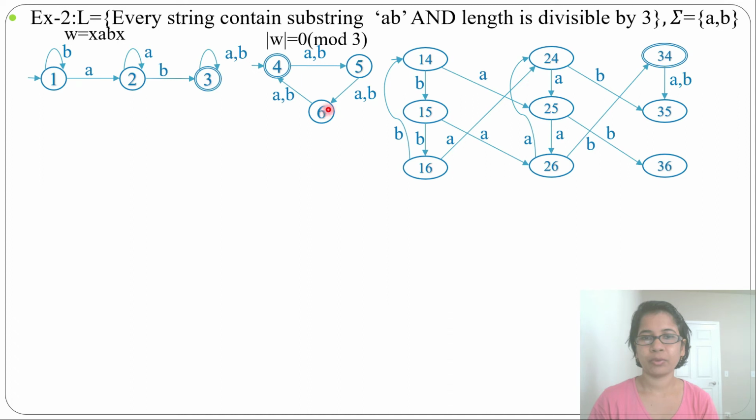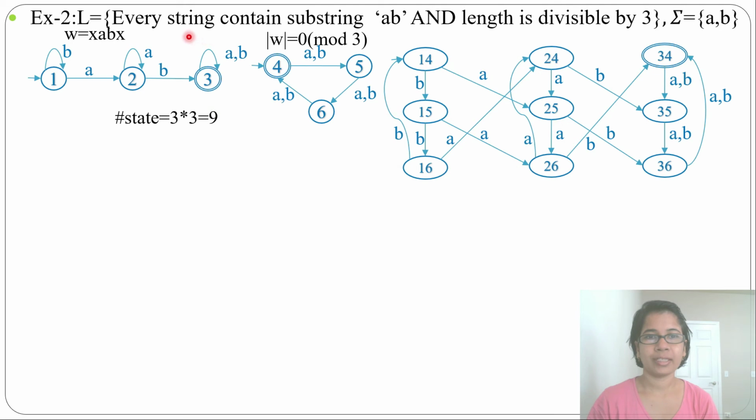So from 3 5 by A, B it will go to 3 6. Then for 3 6: from 3 by A, B go to 3, from 6 by A, B go to 4. So from 3 6 by A, B it goes to 3 4. Now the DFA is finished. We did all transitions. Number of states equals 3 multiplied by 3, which is 9. If it were OR, then 1 4, 2 4, 3 4, 3 5, 3 6 would be final states. It is AND, so 3 4 is the only final state.